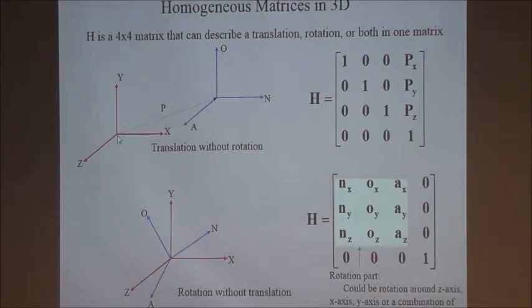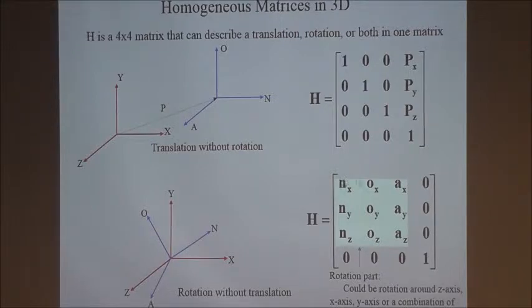The only change is that the red coordinate has moved p units to the blue coordinate. That means the coordinate has moved in the x direction by px, in the y direction by py, and in z by pz. Okay.